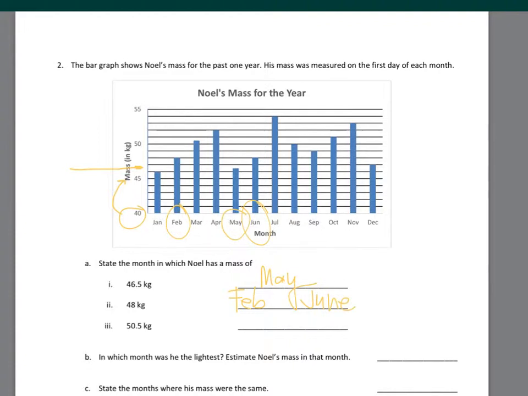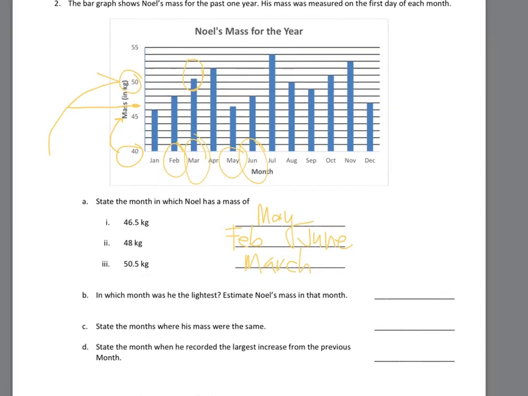Okay, for 50.5 kilograms, first we locate 50, so that will be our guide, and 50.5 is here. So that happened in the month of March. Very straightforward. You just refer to the graph and make sure that you're counting the lines properly, and you'll be able to get the correct answer.